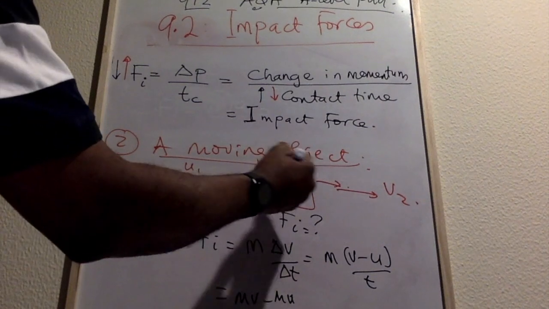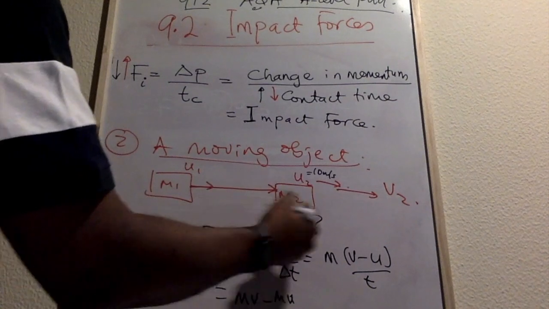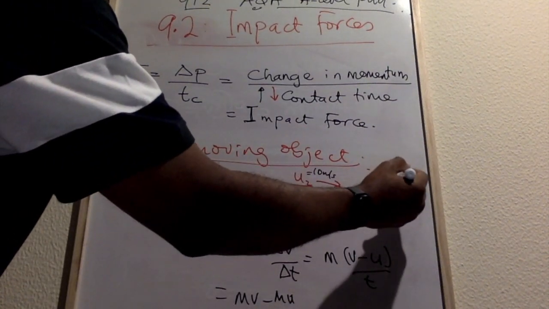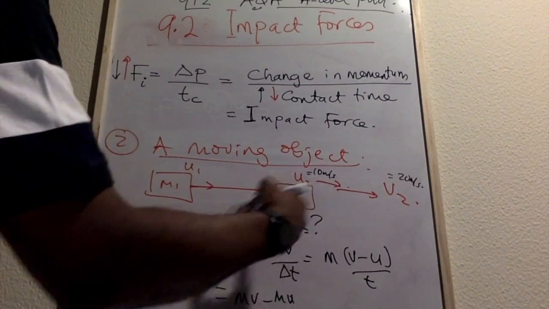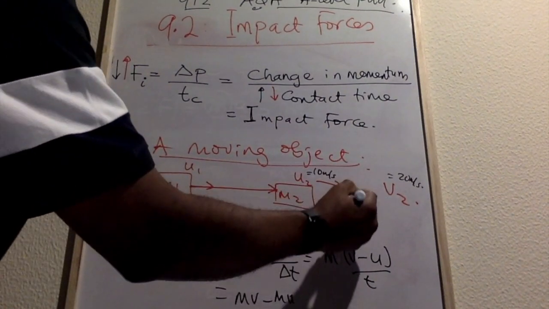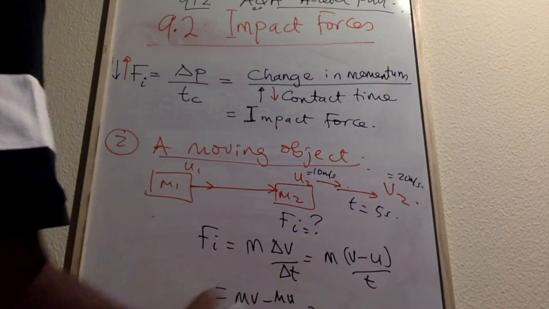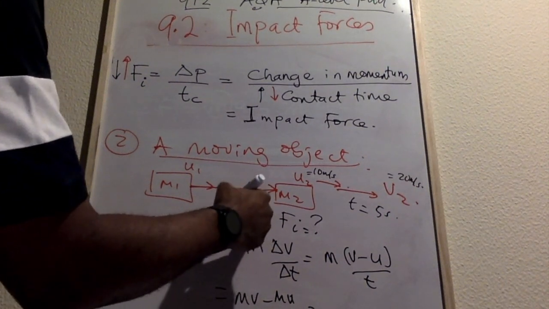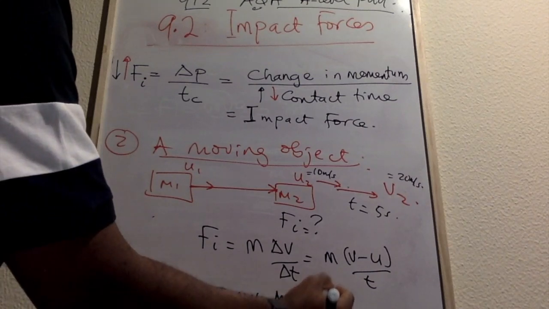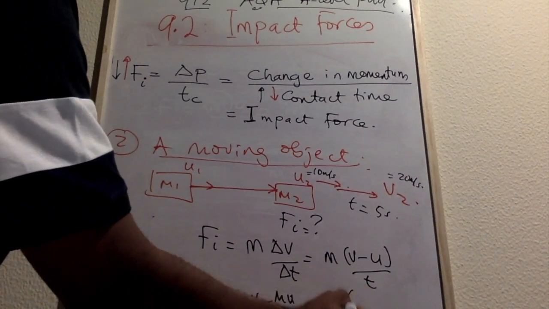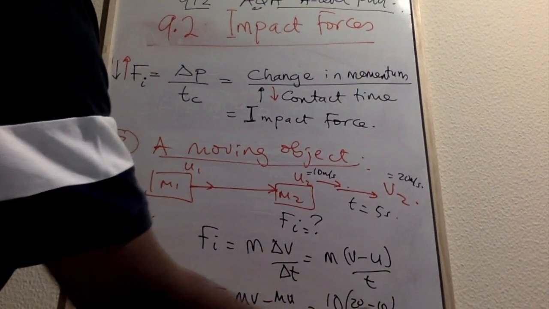If the initial velocity, say, was 10 meters per second, and after impact the new velocity was 20 meters per second, and everything happens in a time of 5 seconds, we can say the impact received by this particular mass m2 will be 10 kg into 20 minus 10 over 5.